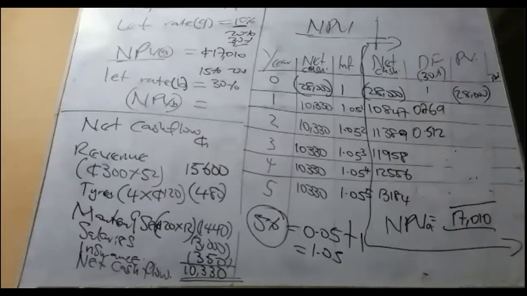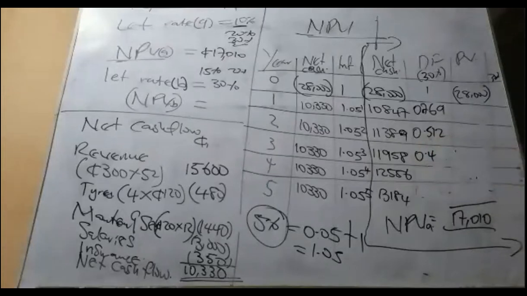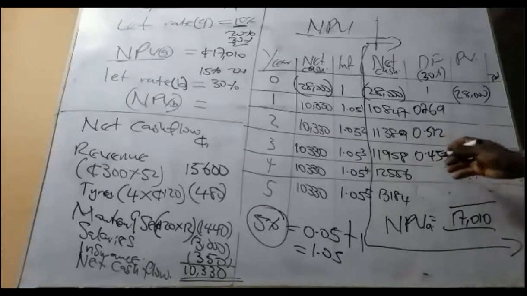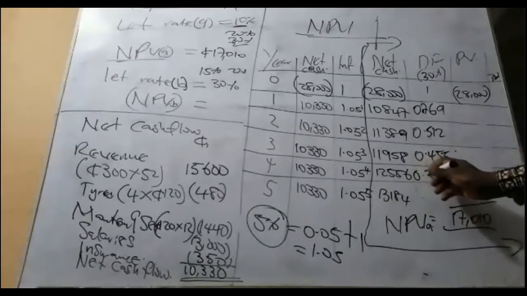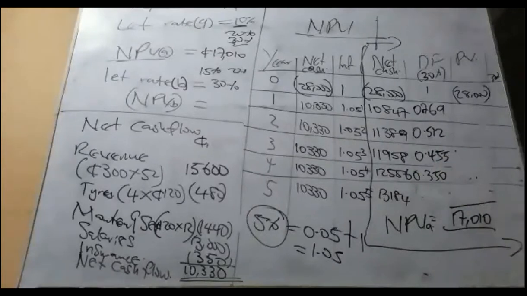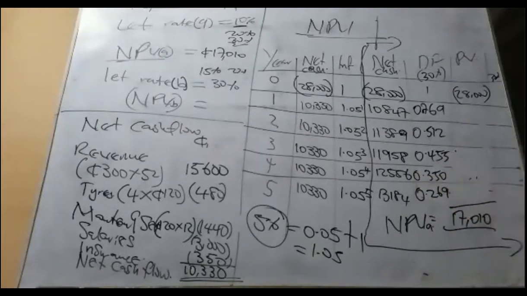Then the third year will be 0.455. Then we have 0.350. Then finally, we have 0.269.